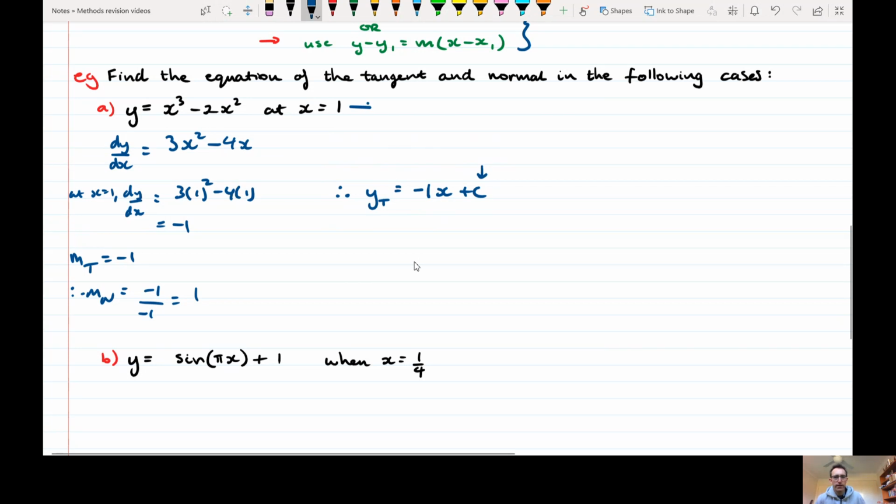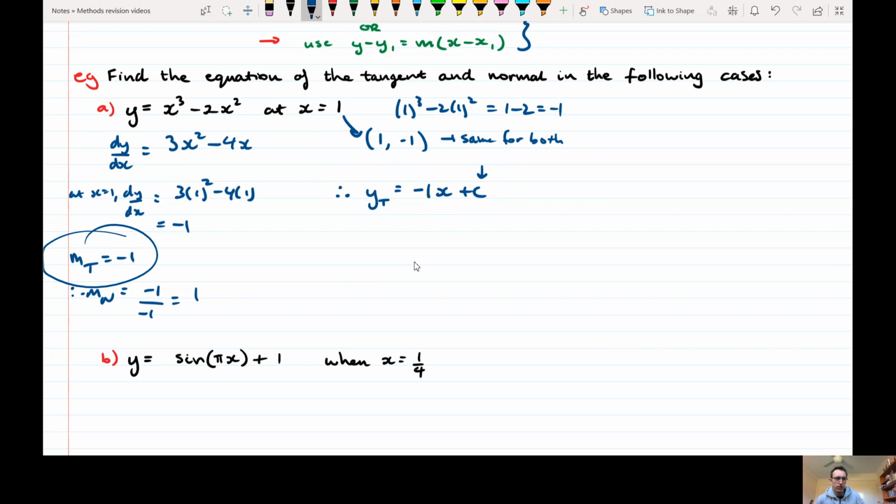The coordinate when x equals 1 is 1, comma, and then you're going to substitute 1 into your equation. You find you get 1 minus 2, which gives you negative 1. So the coordinate to substitute is 1, negative 1. This is the same for both graphs. Same for both cases. What is different is your gradients.